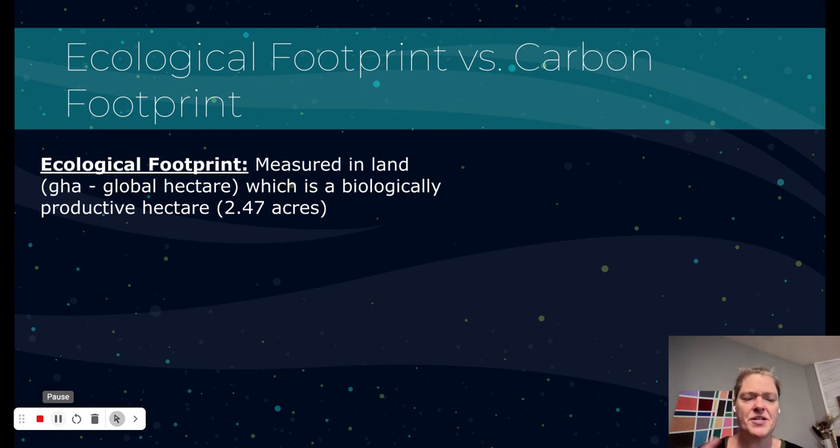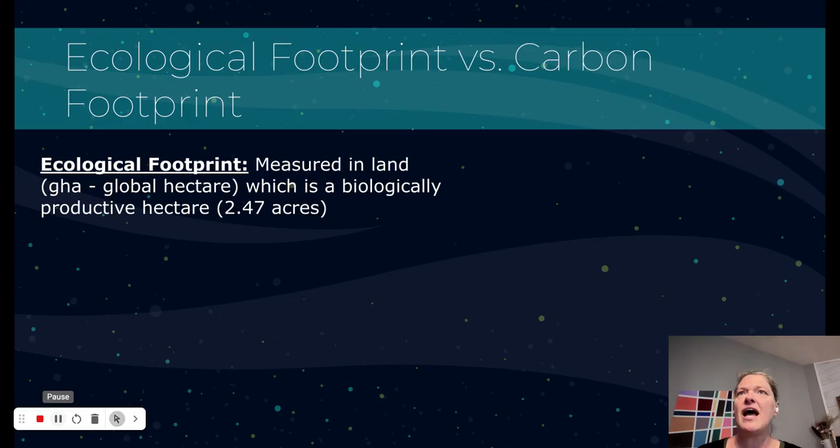Globally, we use the term hectare. Here in the US, if we're talking about a biologically productive hectare, we use the measurement for land in acres, and so that would be approximately 2.47 acres.